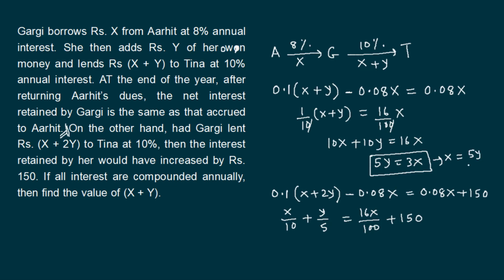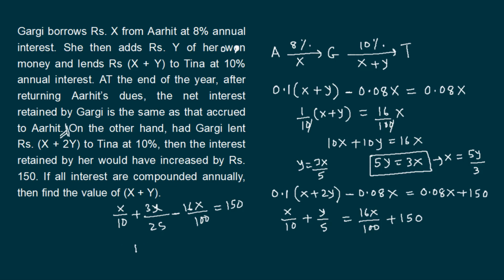So from here, x is 5y by 3, or y is 3x by 5. That would be easy to put in. So x by 10 plus 3x by 5 into 5... Let me write it at 3x, 16x by 100 is 150.